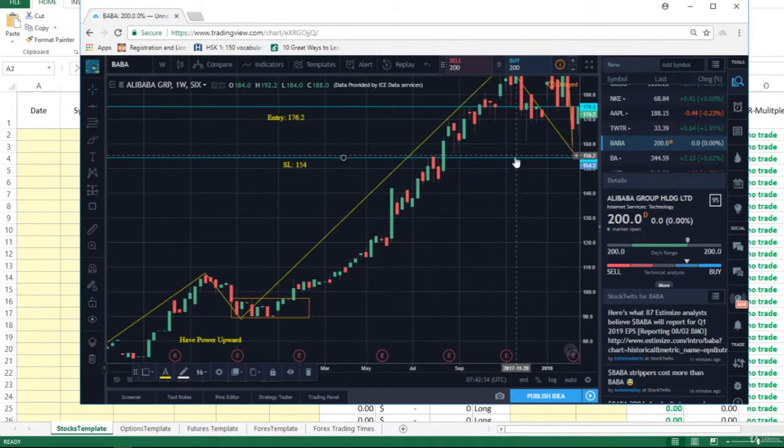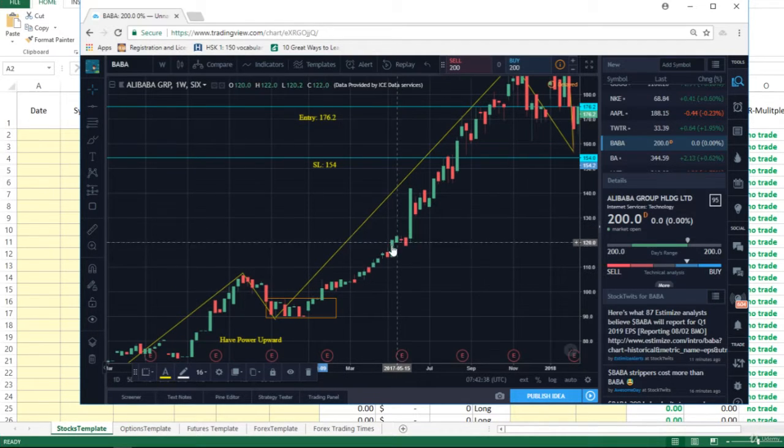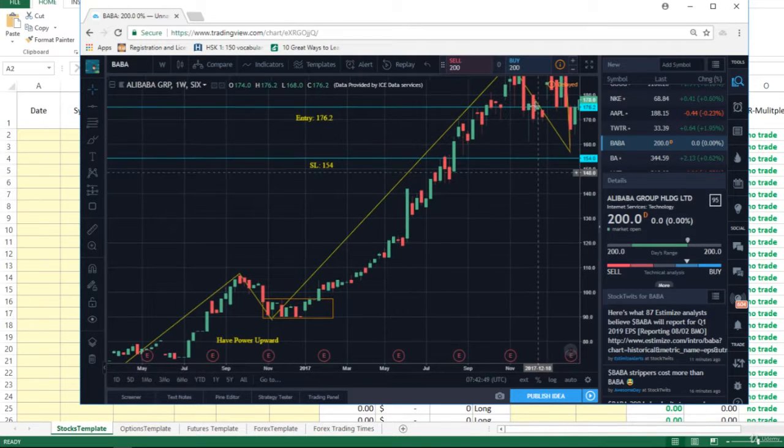Why did we put it at the immediate support and allow a small range to fluctuate here? Because the previous support is too far below. We don't want to get stopped out too far below, because if the price goes from this point down to this point, we have to notice that we are already wrong.